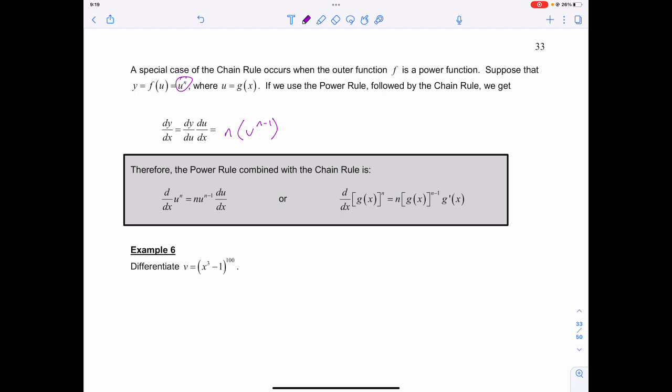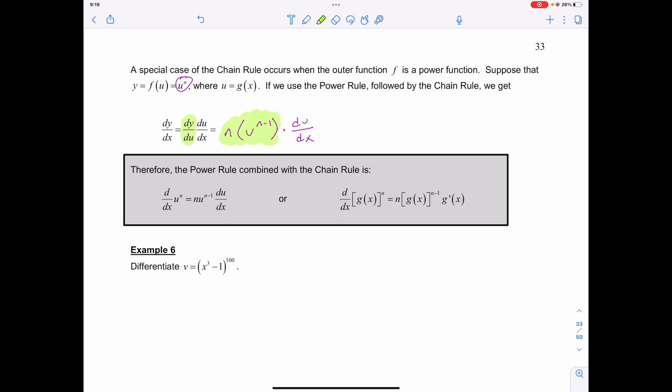And that is still going to be multiplied by the derivative of the inner, the du over dx. Remembering that this first part is literally just the derivative of the outer.